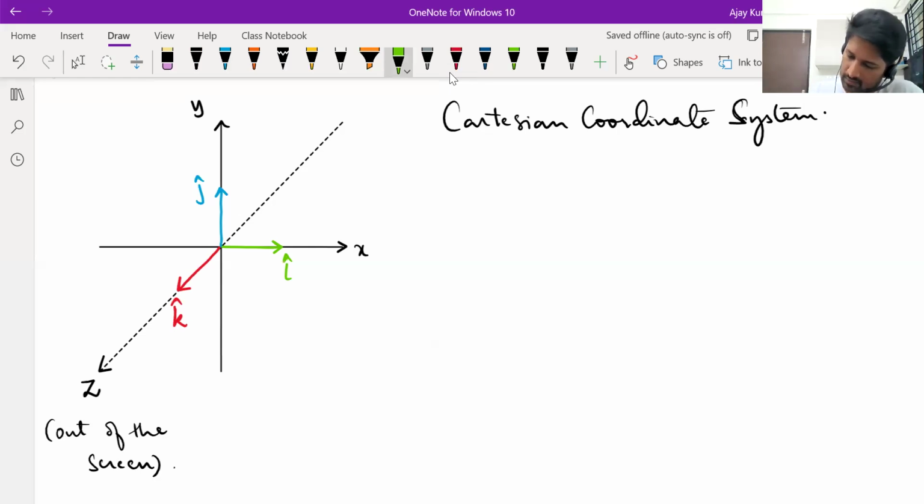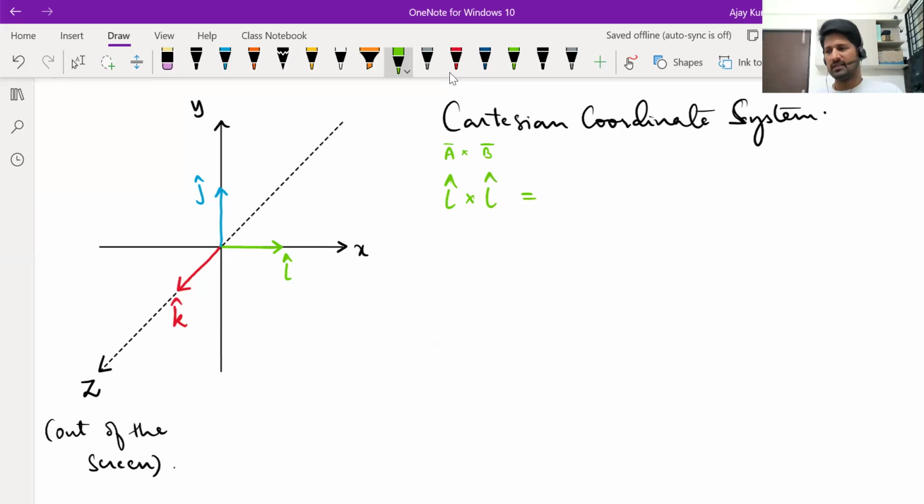Now, tell me, what will I cap cross I cap be? You just treat it as A cross B. Assign a magnitude, assign a direction. How much will the magnitude of I cap cross I cap become? 0, sir. Why? Because the angle between them is 0.